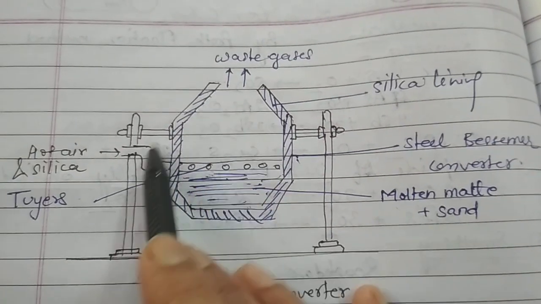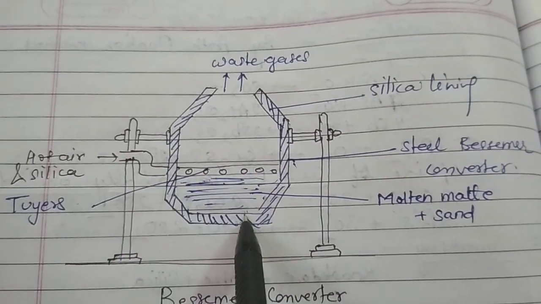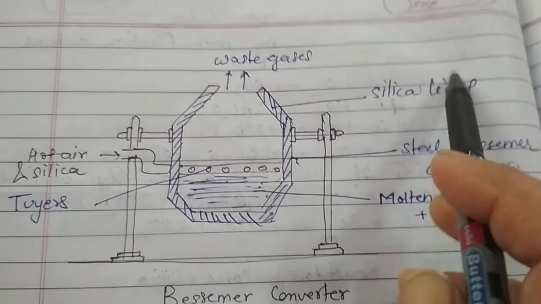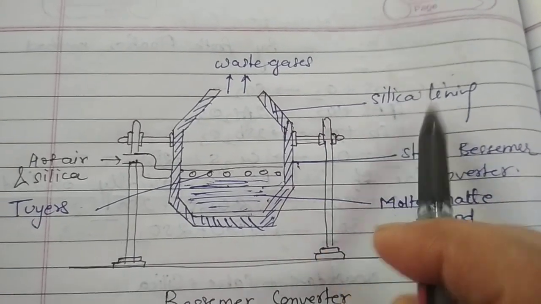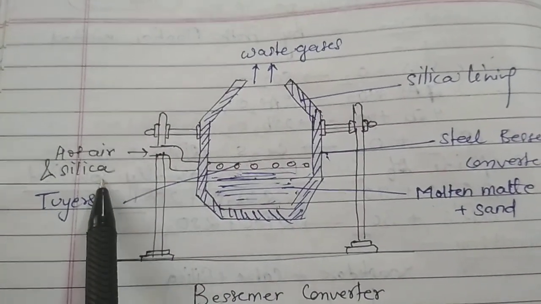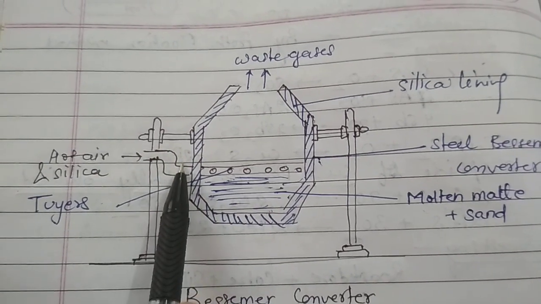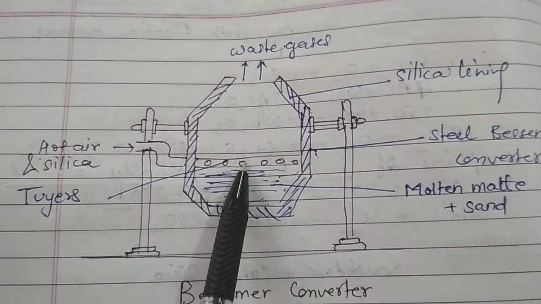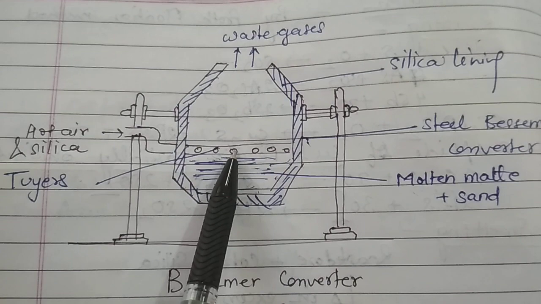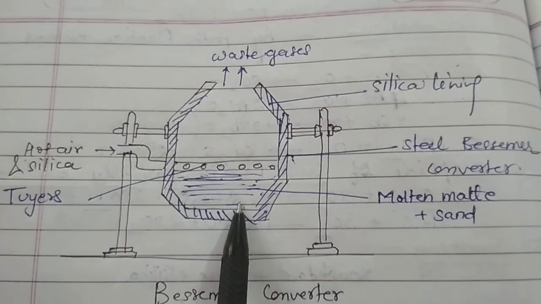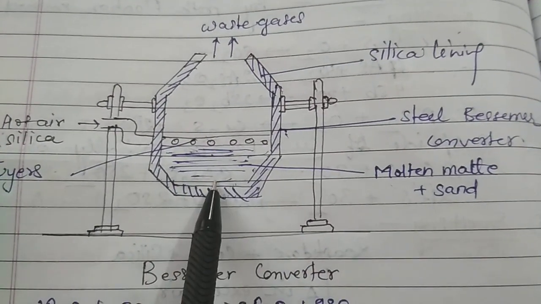Here we are able to see that it is a pear-shaped steel vessel having the lining of silica, and the hot air and silica are also entered by the twiers. So we are to take the molten matte and send it.